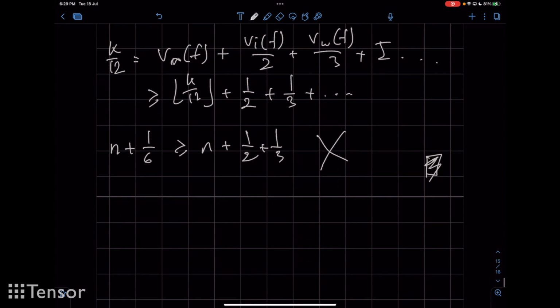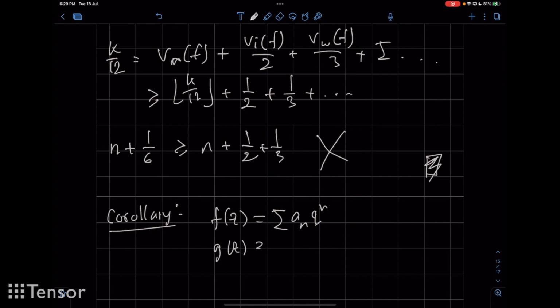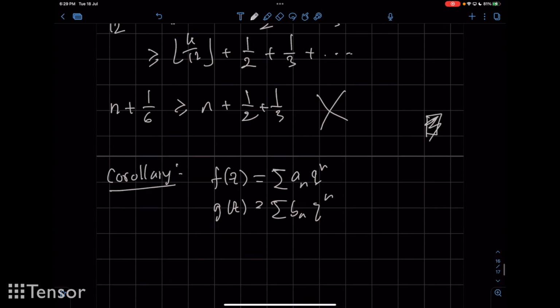All right, and we have a very simple corollary now. Let f of z equal the sum of a_n q^n, and g of z equal the sum of b_n q^n, and a_i equals b_i for every i up to the dimension of M_k.